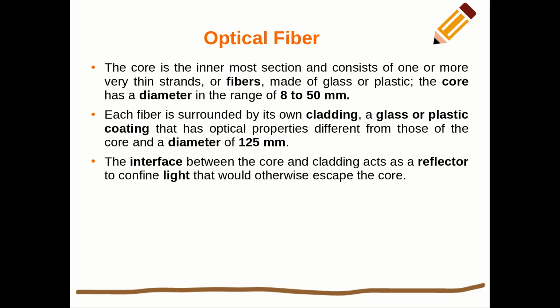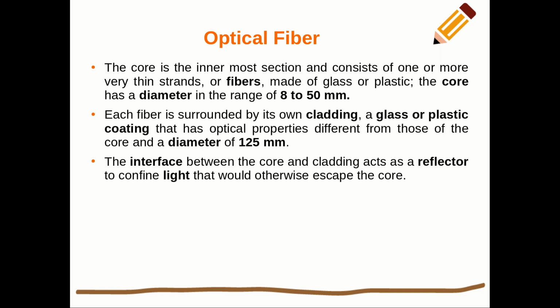The interface between the core and the cladding acts as a reflector. The core and the cladding have different optical properties, so at the interface where both meet, the light gets reflected. It acts as a reflector to confine light that would otherwise escape the core. If proper reflection is not happening, the light will go out of the core.